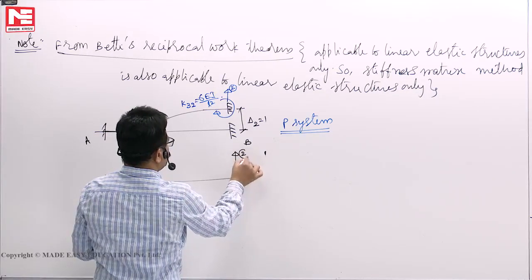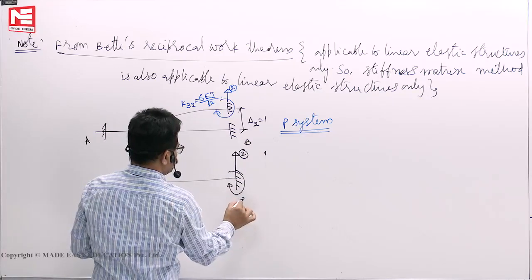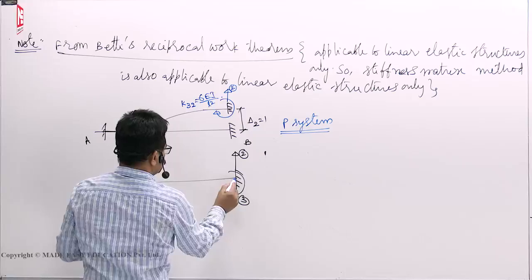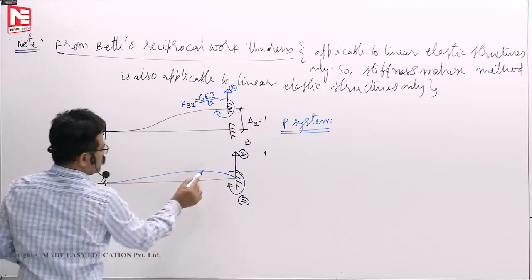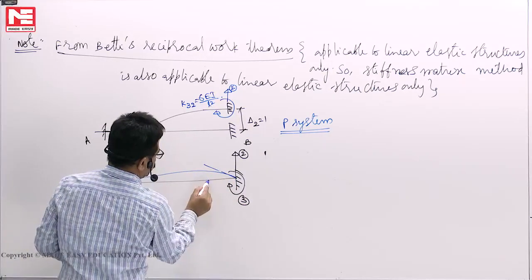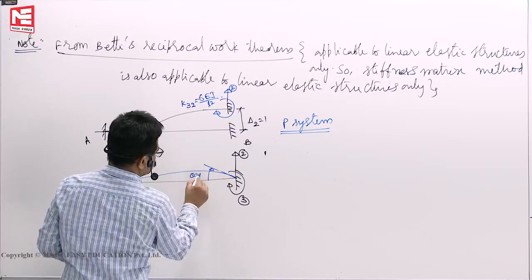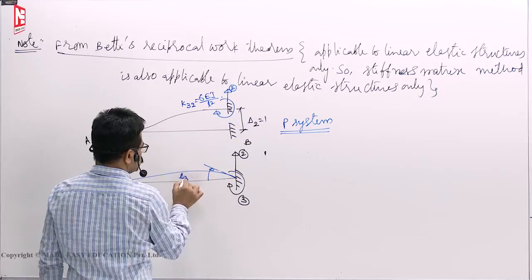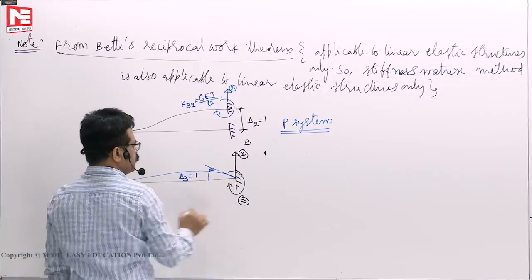This is coordinate 2. This is coordinate 3. You have given unit displacement, theta became 1, or delta 3 is equal to some 1 I have given.